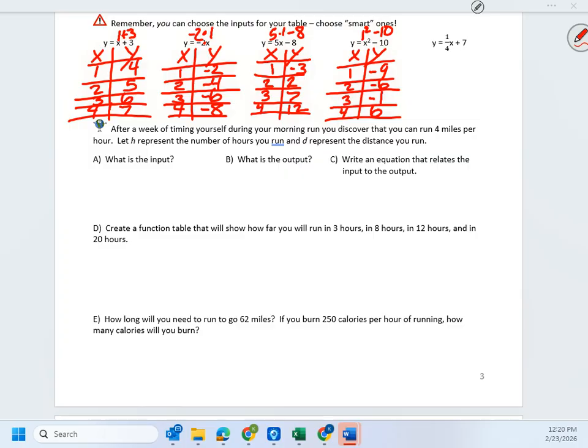So you can keep it with that 1, 2, 3, 4. And you can look to see what your patterns are. Or you can choose other numbers that are easier for you to work with. When we get to our fraction on this last one, let me show you what makes it a whole lot easier for when we are choosing our inputs.